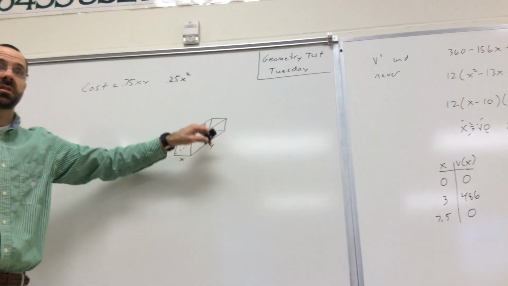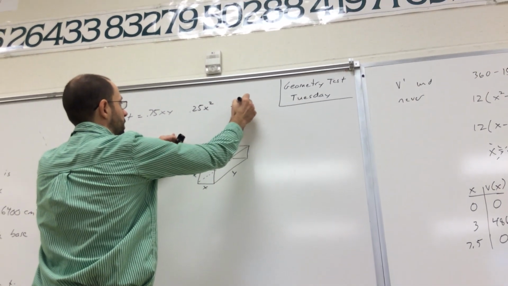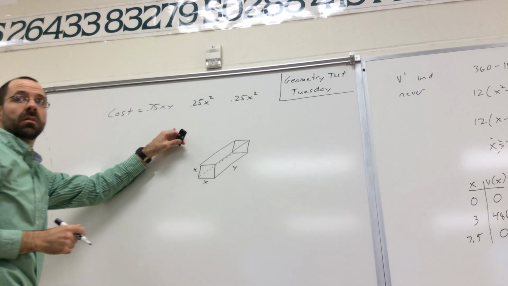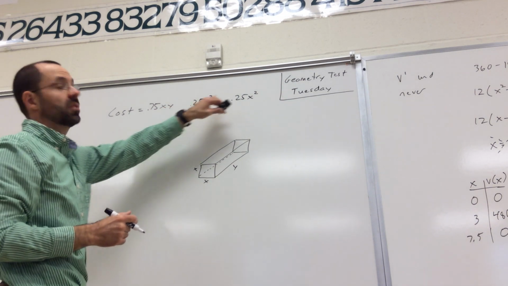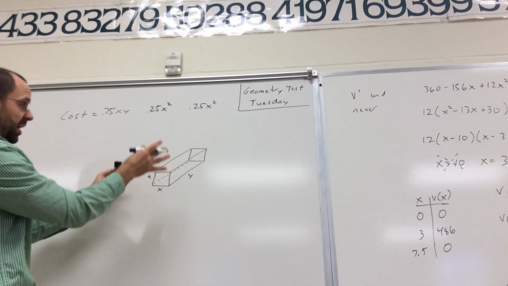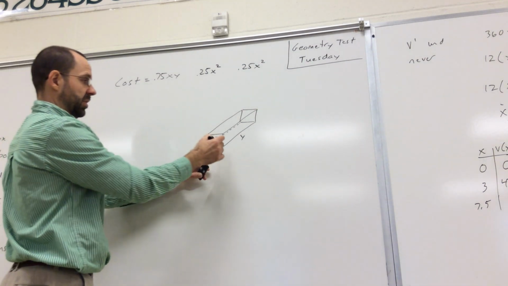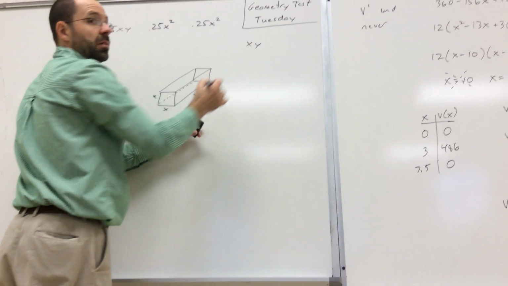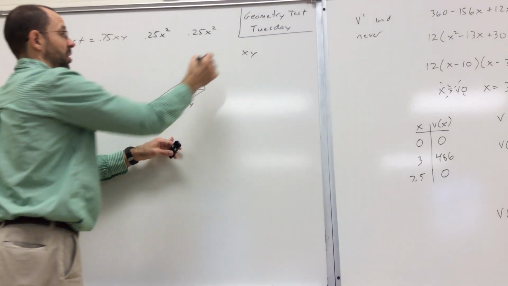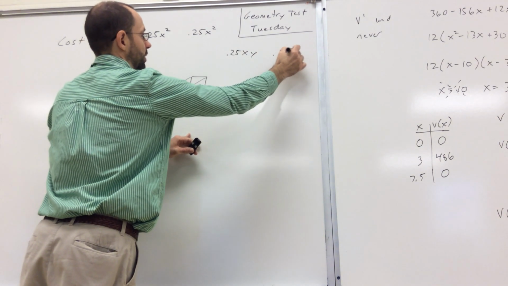X times X is X squared times 25 cents. I've got the cost of the bottom, the cost of the front, the cost of the back. Now I've just got the cost of the left and the right. So this is Y times X for area, and that costs 25 cents for the left and the right.